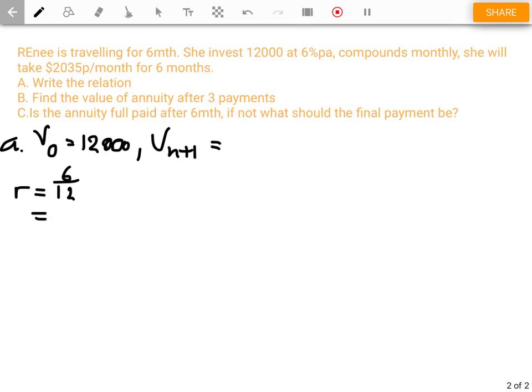So little r is equal to 0.5. That means big R is equal to 1 plus 0.5 over 100, which is 1.005.